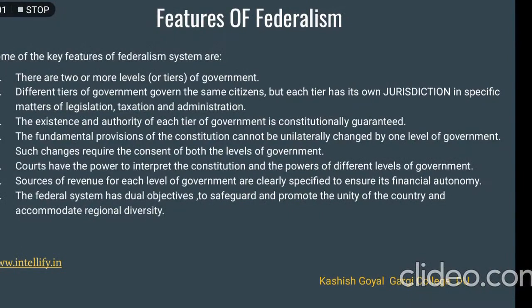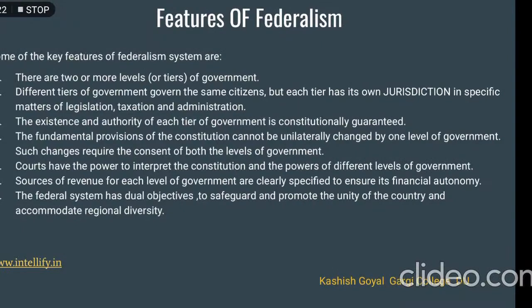Now the sixth point says sources of revenue for each level of government are clearly specified to ensure its financial autonomy. Now there's a clear-cut division of revenues to be given to each level of government. Now why is this so? Why have we given fixed amounts of revenues? Because it's very important to have financial autonomy.